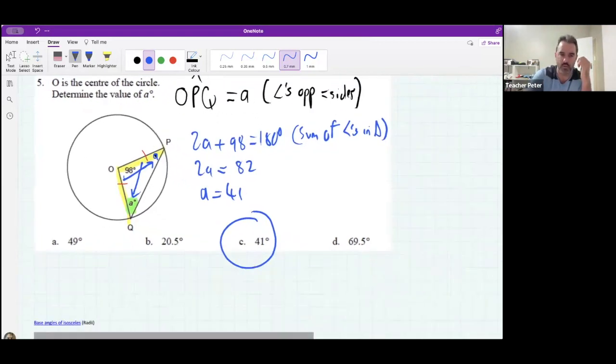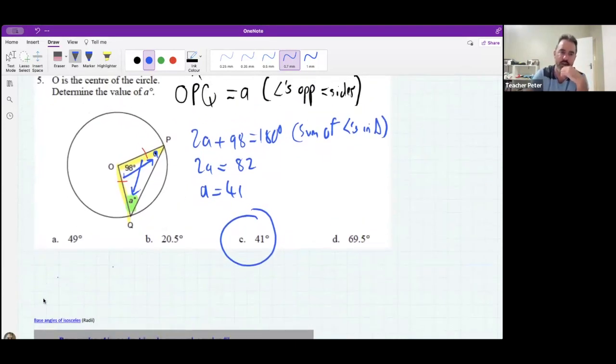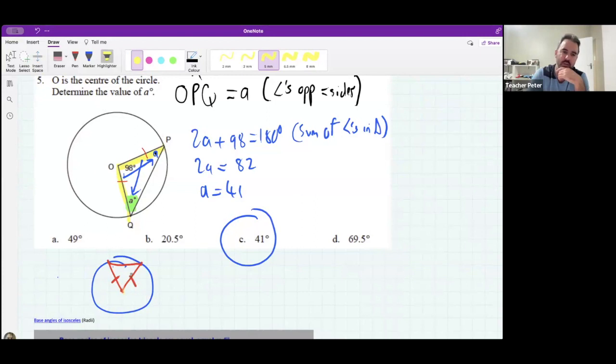So what we need to do is just have some basic ideas with us as we go. Whenever you have a circle, and you have two radii, those two radii are always going to be equal, and the triangle that they form is always going to be isosceles.